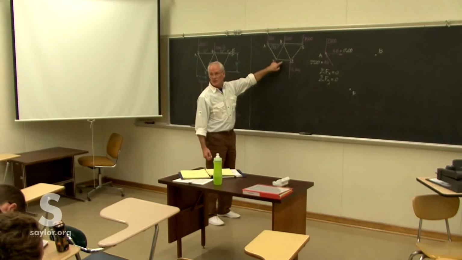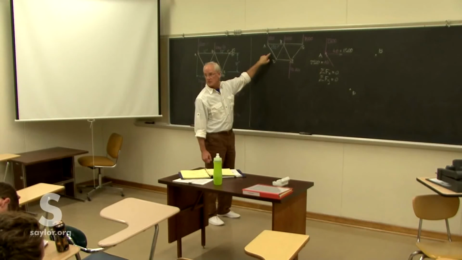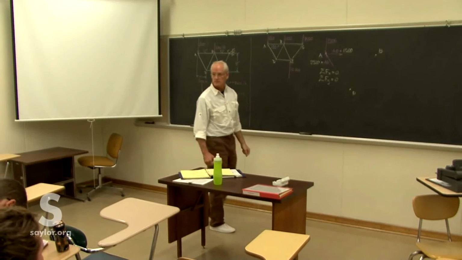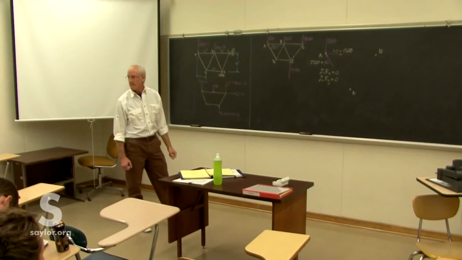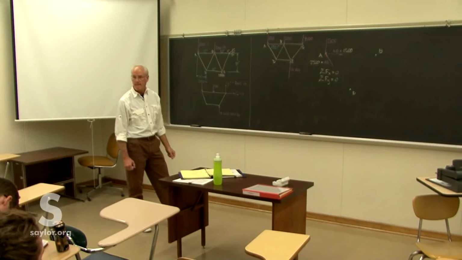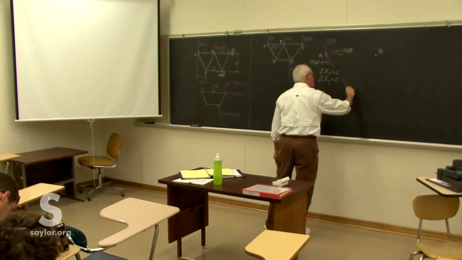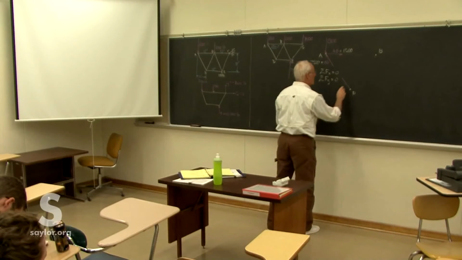Every member exerts a force. We already know this force. We just got it. How do I draw it at point D? I know the angle of it. I know the magnitude of it. It's 2,500.